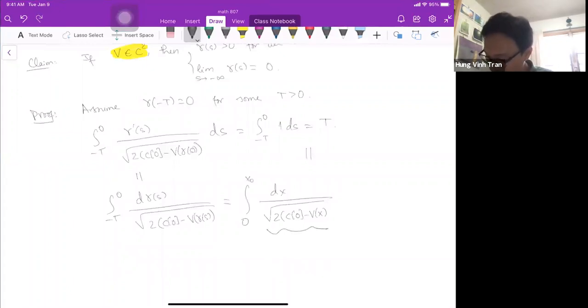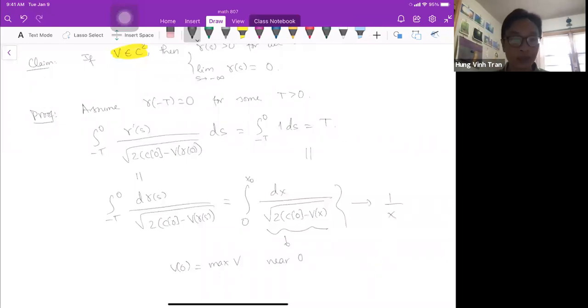So this one behaves like, at v0 is the maximum point, the max of v, so near 0 the whole thing would behave like 1 over x, right?